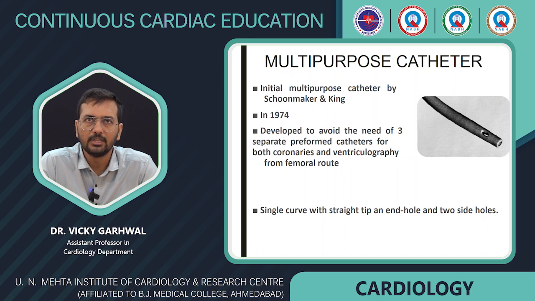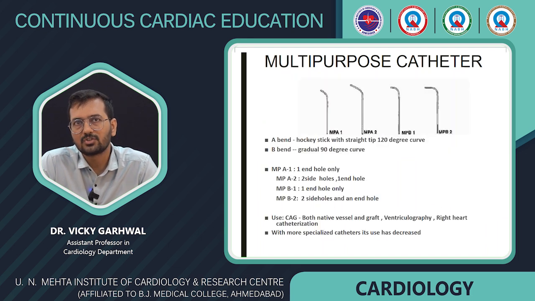Multipurpose catheter. Initially, the multipurpose catheter by Schoonmaker and King was developed in 1974. It was developed to avoid the need for 3 different catheters for the right coronary, left coronary and ventriculography, so it decreases the exchange time. It is a single curve with a straight tip and end hole. It can be MPA 1, 2, MPB 1 and 2. A and B depend upon the curve.